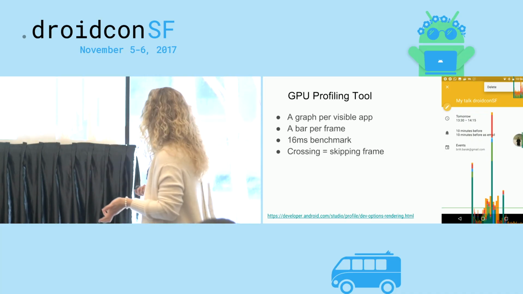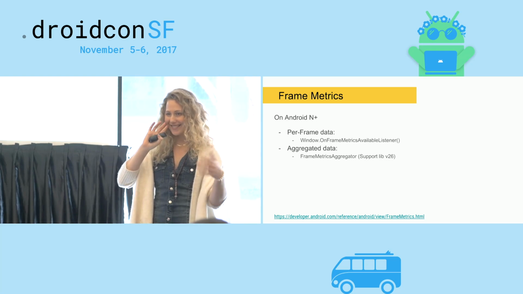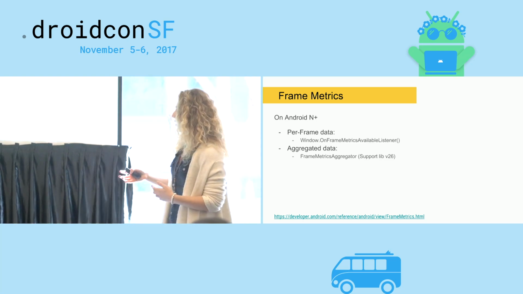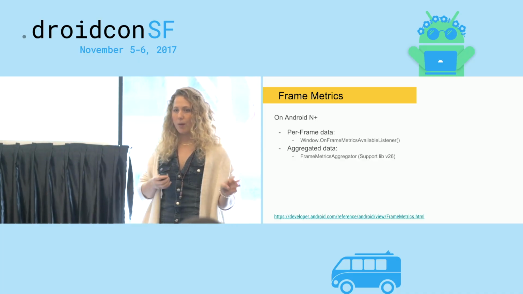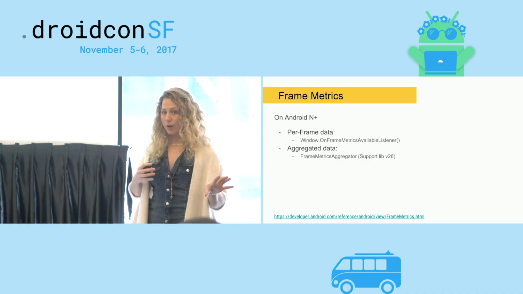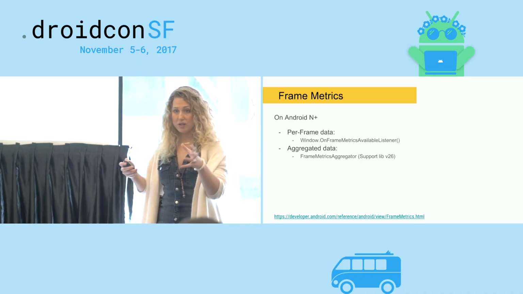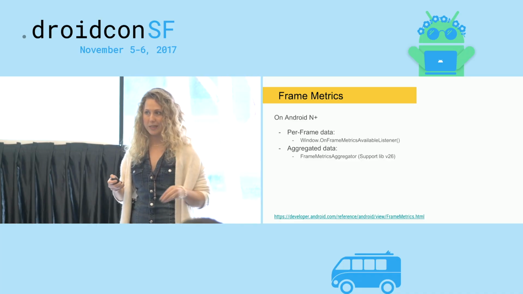And also, since Android N, there are the frame metrics that you can use yourself. They are used by the Android vitals dashboards and so on, some of them aggregated for you, but you can also use them yourself if you want to check specific things for specific frames.